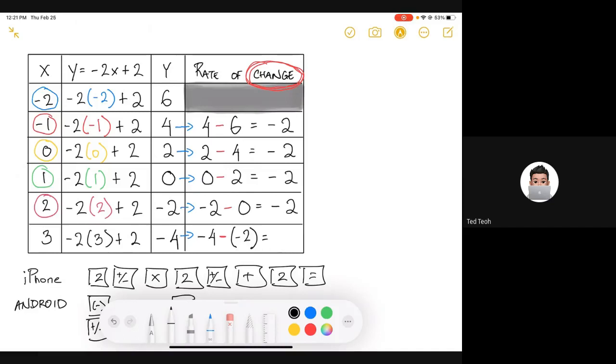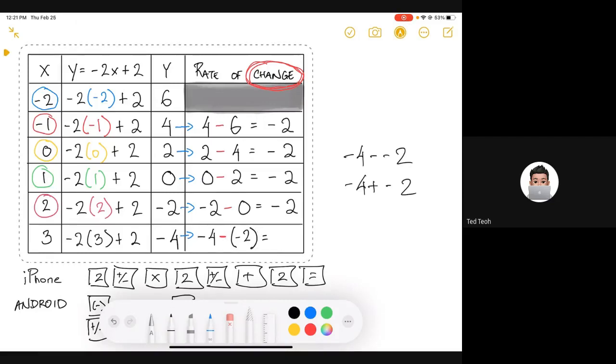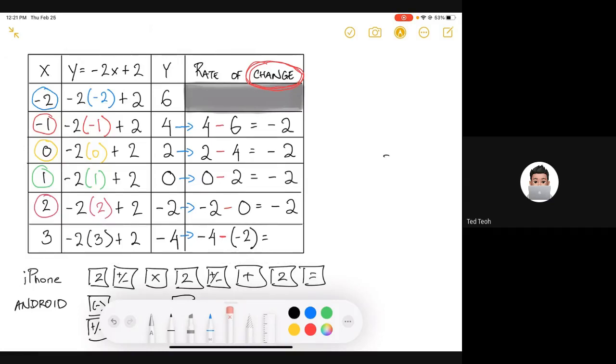I know I told you guys before never to write this in math, but if you add brackets around it, like I did here, that's fine. So when I do that, negative 4 minus negative 2.